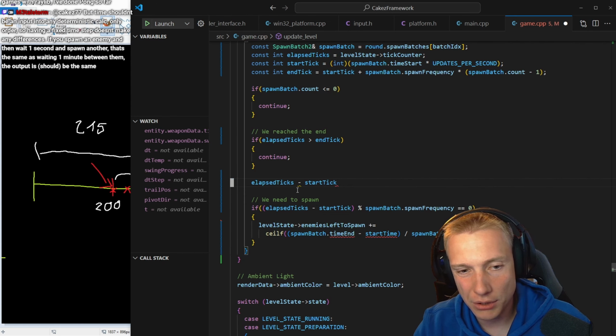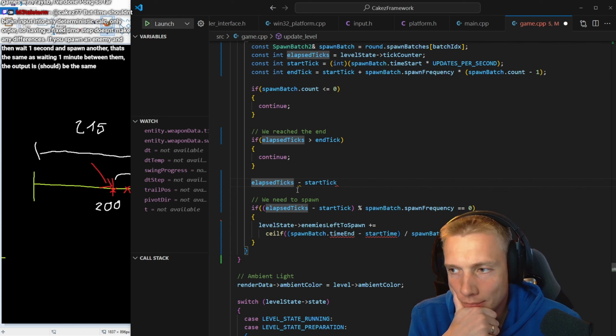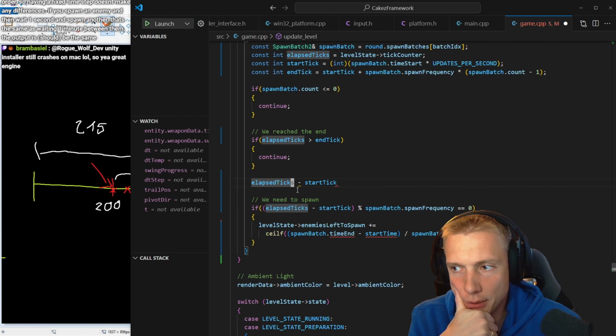But this can go into a minus value. Cakez, there shouldn't be an input into deterministic calculation, only order.